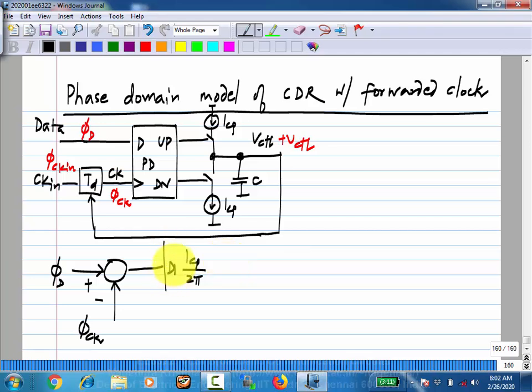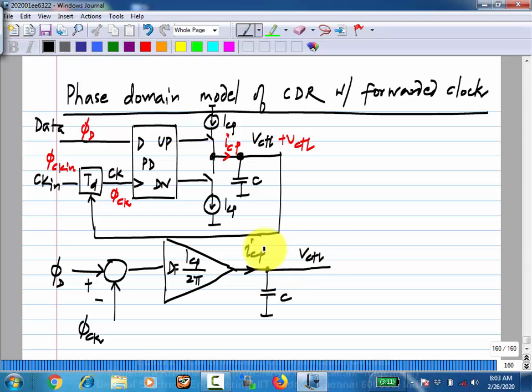So this gets multiplied by the transition density df. So this provides a current ICP, which essentially models the increment in the average output current of the charge pump, okay. And this goes into the capacitor C to generate a control voltage increment V control.